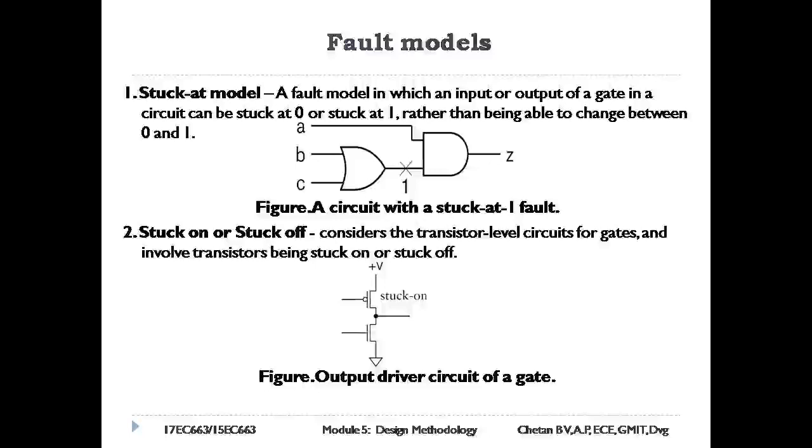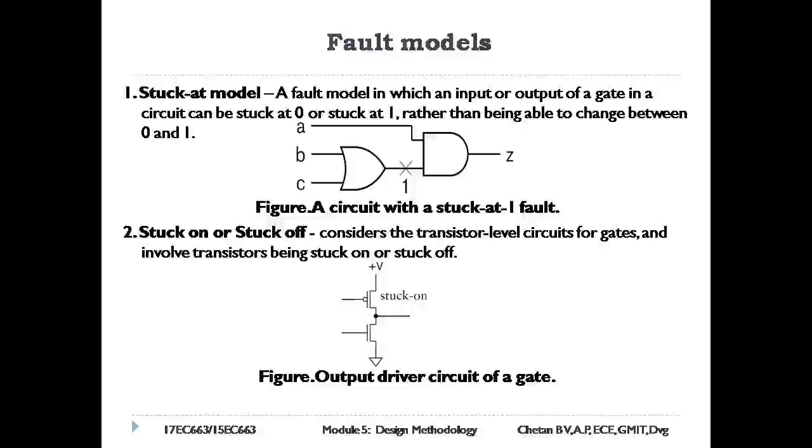In this circuit, if A equals 0, the output value is independent of the value at the stuck-at node, so the fault is masked. However, if A equals 1, the value of the stuck node is propagated to the output, allowing us to detect the fault.